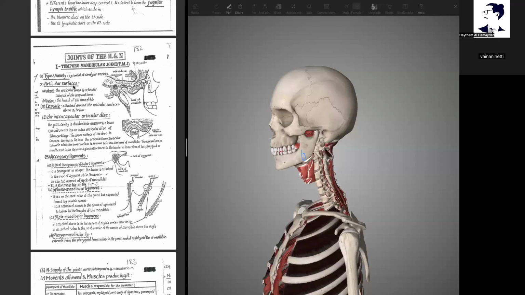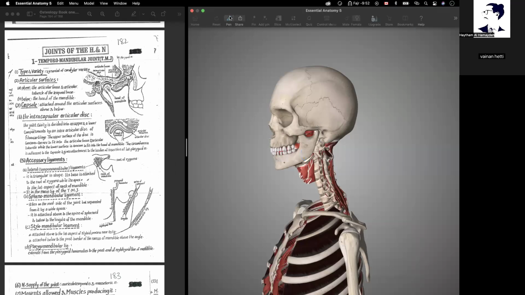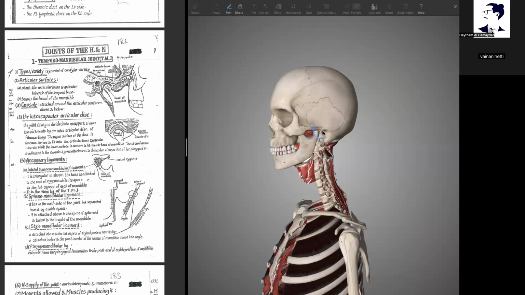Yeah. Okay. So now the third joint that we're going to discuss is this one. It's his favorite, temporomandibular joint. Okay? Write in your notes the type of joint. It's written here, synovial, condylar type synovial joint.